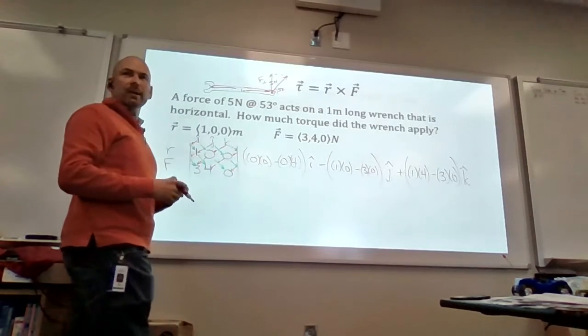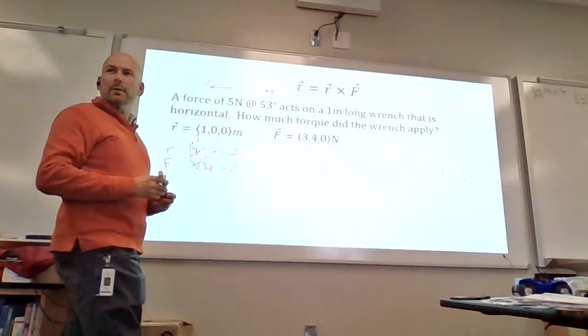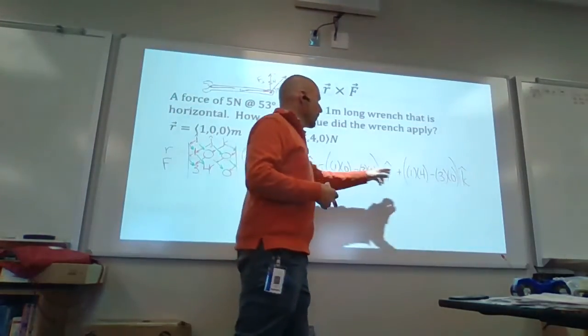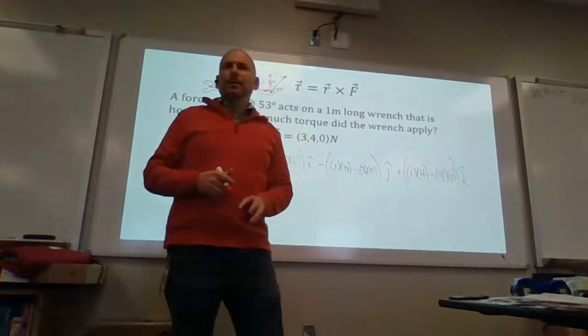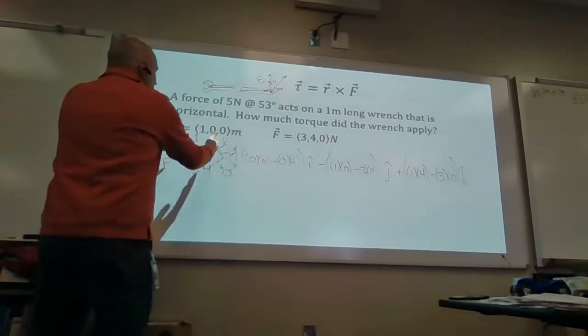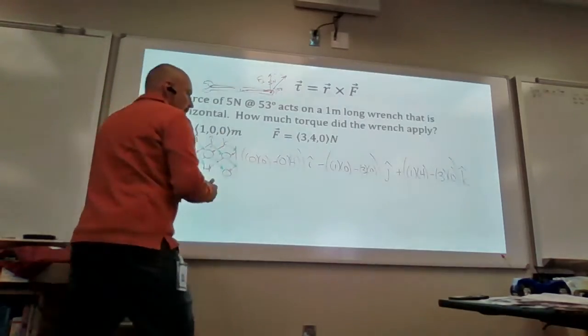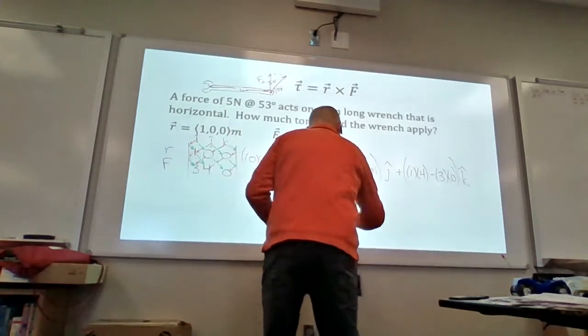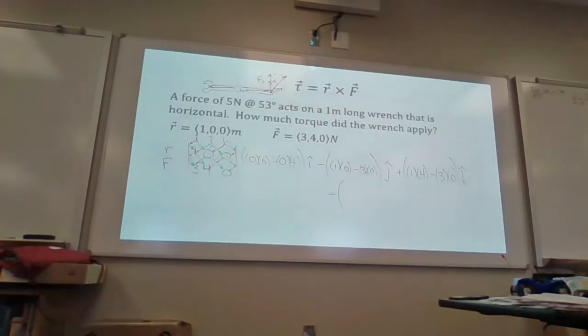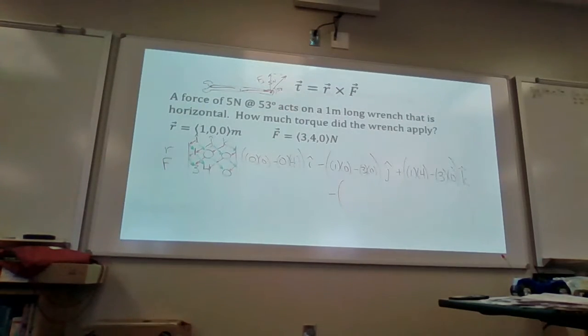All the red stuff was negative. The way I learned it, I don't have to memorize. Everything going this way is minus that big quantity. That's all negative. That should work.